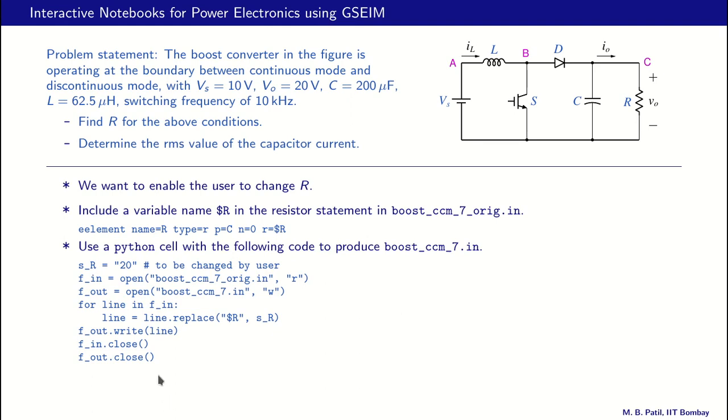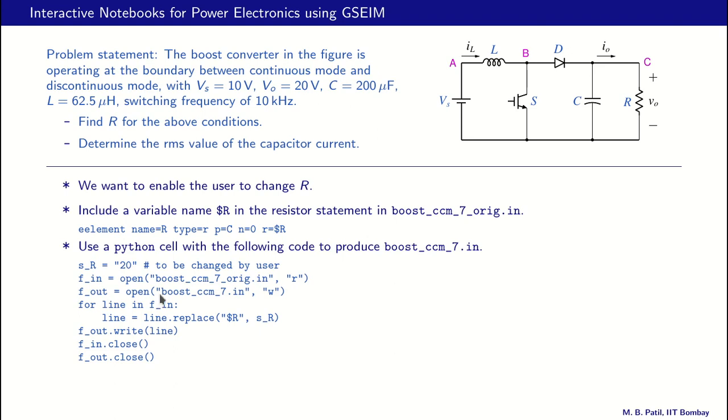Let us look at this Python code. The first statement is the definition of this string s_r, and this is just our name. Since it's a string, we have made it start with s, and that string is assigned the value 20. Now this 20 is basically going to translate to 20 ohms for the resistor, and it's going to be changed by the user. Then we open the original file, this file here, for reading.